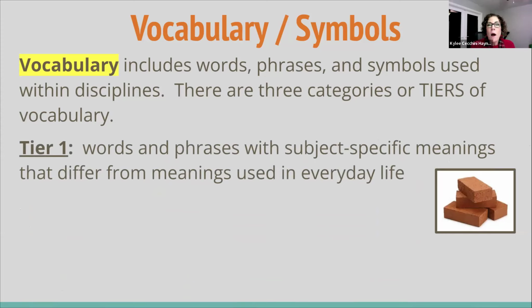Tier one, we often hear, are words that are really simple: dog, tree, house, a lot of simple nouns or simple verbs, words you'd find in little learning-to-read books and things like that. Those are tier one words.